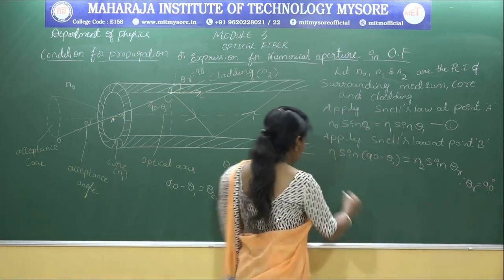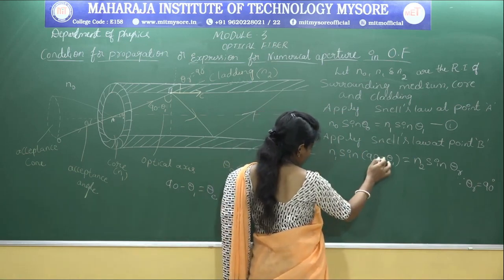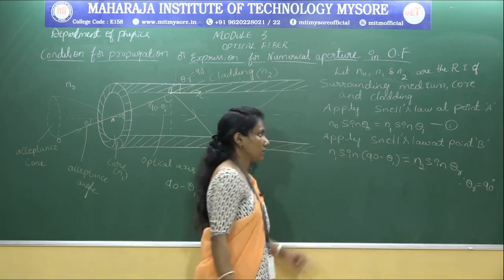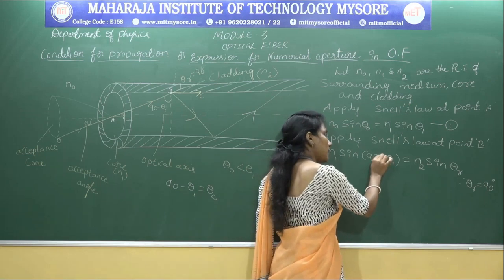So we will get sin of 90 minus theta 1, which is in the first quadrant.